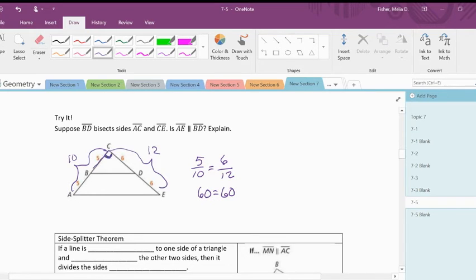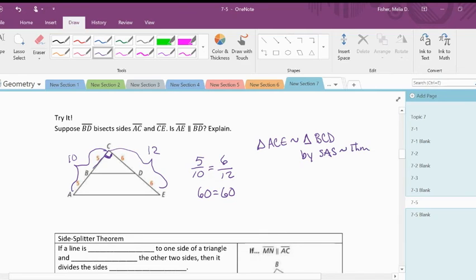And we know that C is congruent to C by reflexive property. So we can say that triangle ACE is similar to triangle BCD by the side angle side similarity theorem.